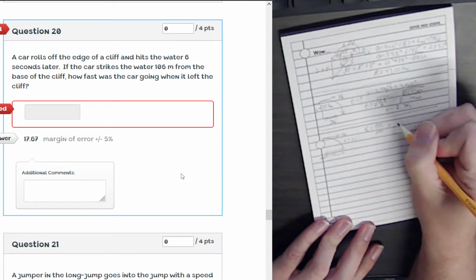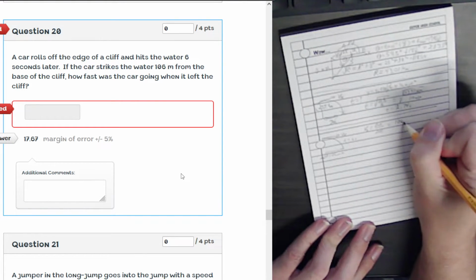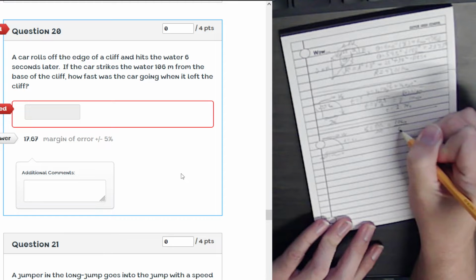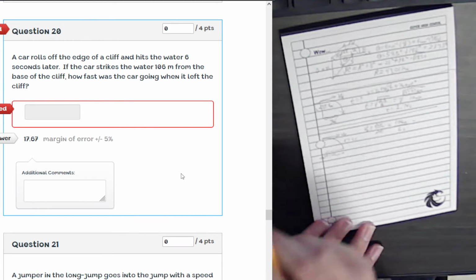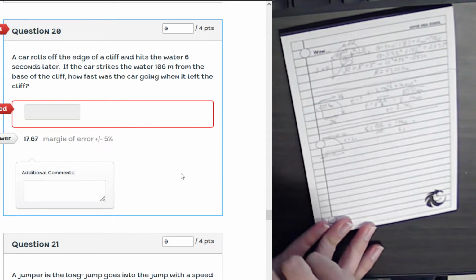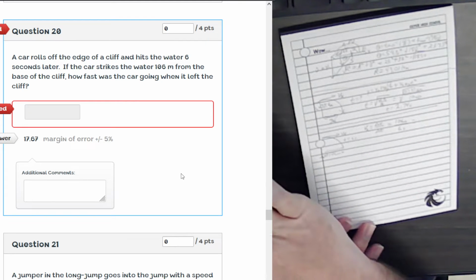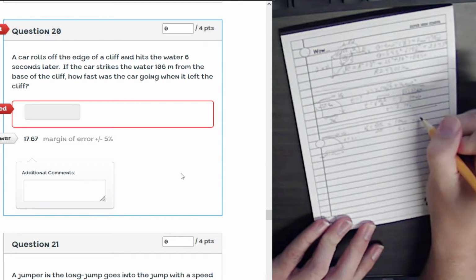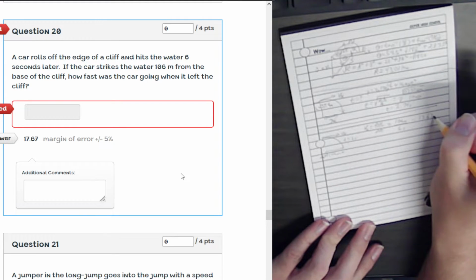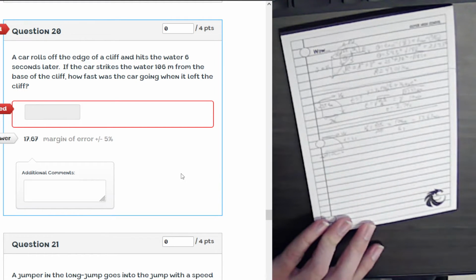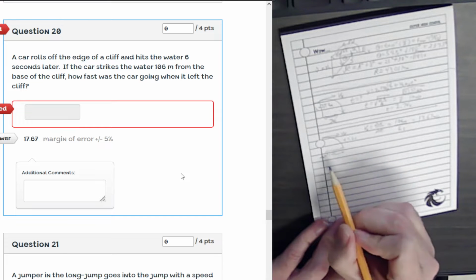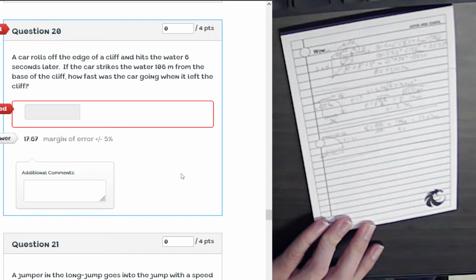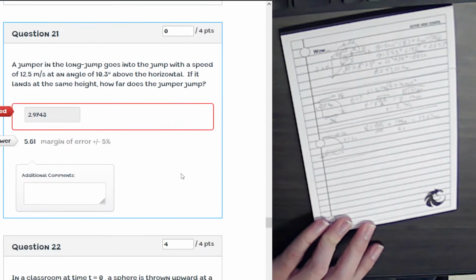Well, we know delta x is 106, and we know delta t is 6. So we just do 106 divided by 6. So it is about 17 2/3 or 17.67 meters per second. Alright. That was pretty easy.